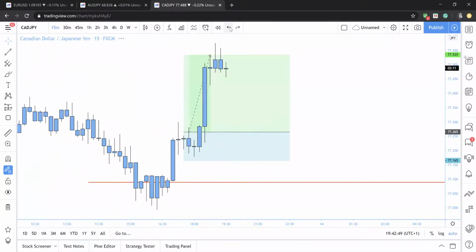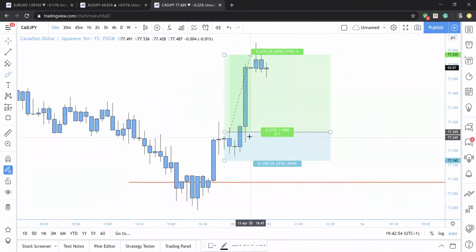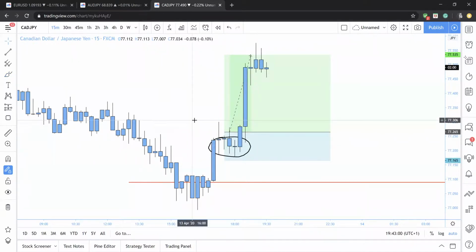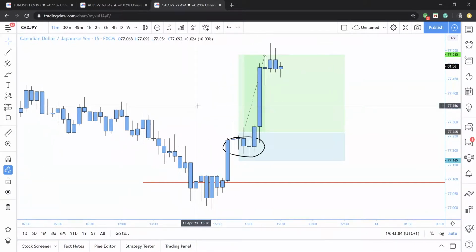So, on CAD JPY. One thing I just want to say to you guys, at this time of day, trades like this may or may not work in your favor. But what I've noticed, being in the markets for such a long time, is that usually around this time, things start to either slow down or just not really go in your favor.